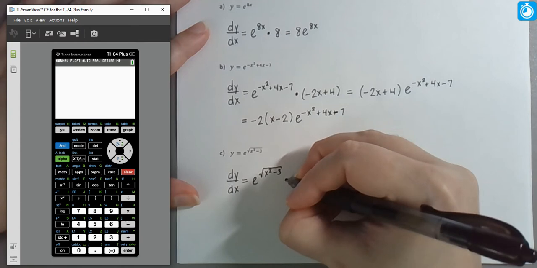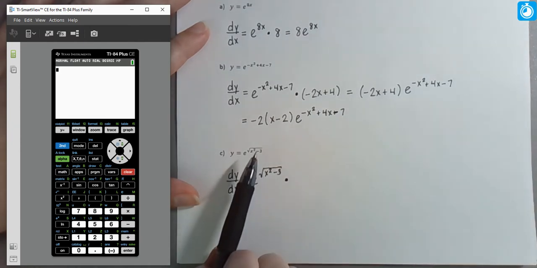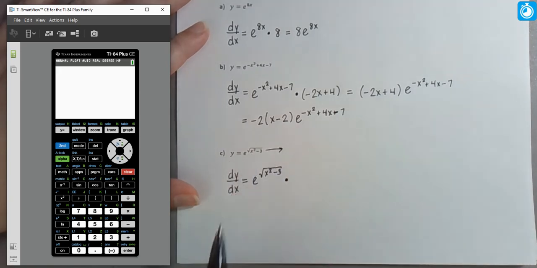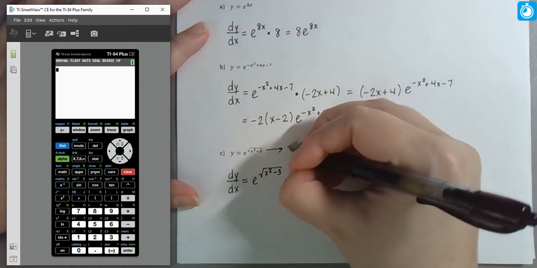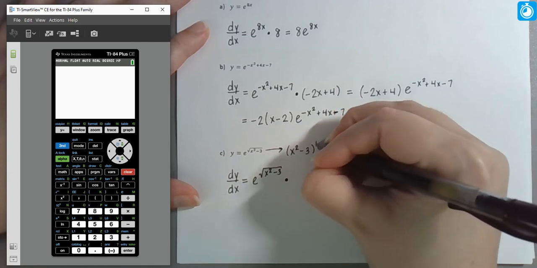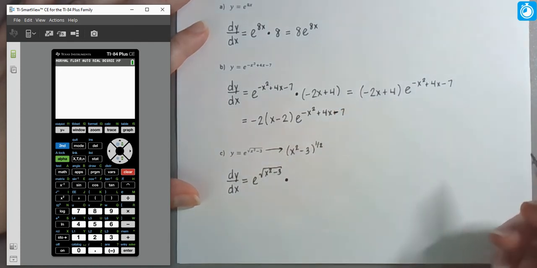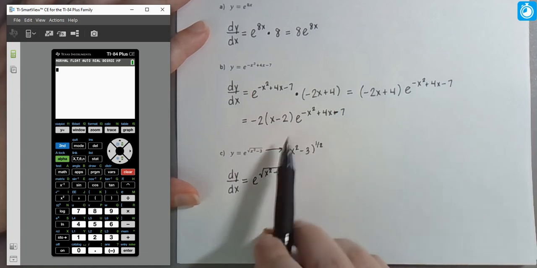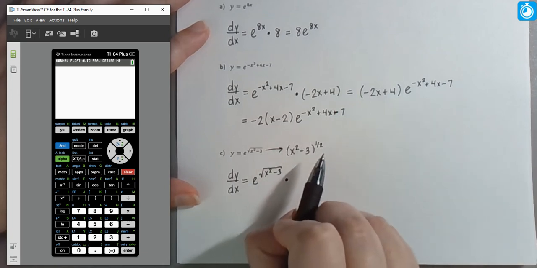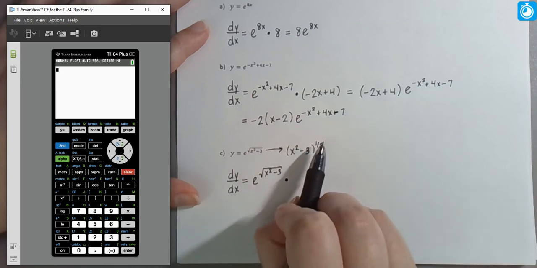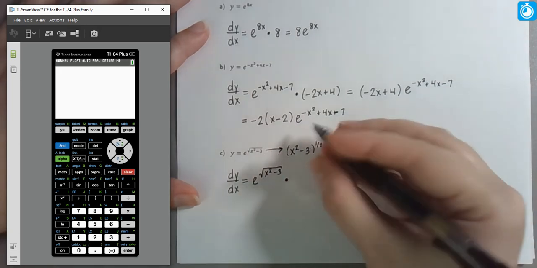Okay, now we know we need to multiply by the derivative of that inner function. So normally when we have something with a square root, we rewrite it with a fractional exponent so that we can use the power rule, in this case the extended power rule or the chain rule. Okay, so we need to differentiate this inner function. So remember, bring down the exponent.